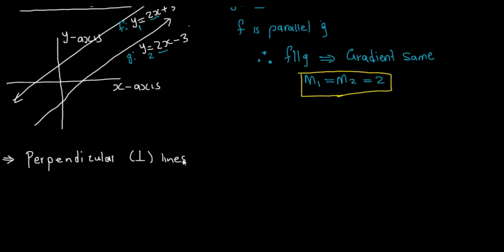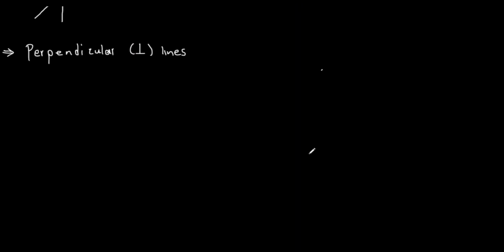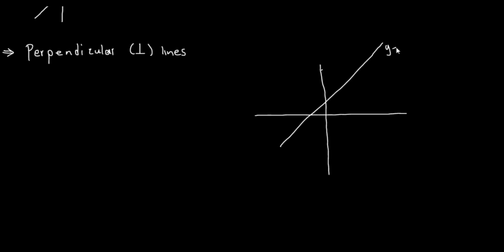So if I have lines that are perpendicular, let me draw my Cartesian plane first. Let's say this is my Cartesian plane, like this. And I have a line like this, and let's say it's y is equal to 2x plus 1. And let's say maybe we have another line moving like this.